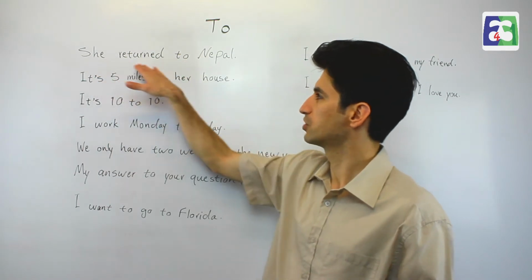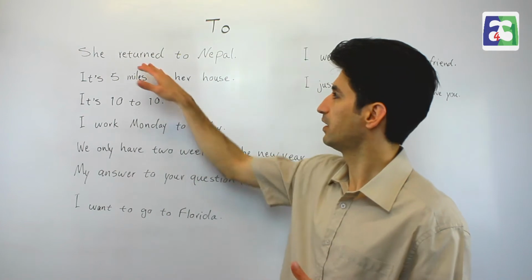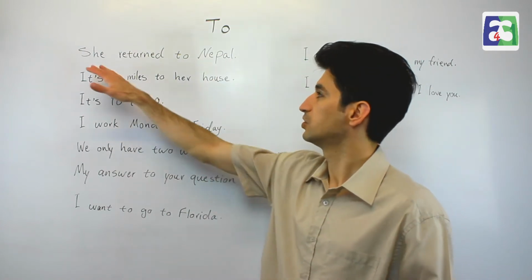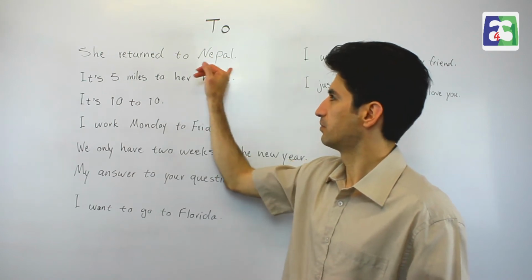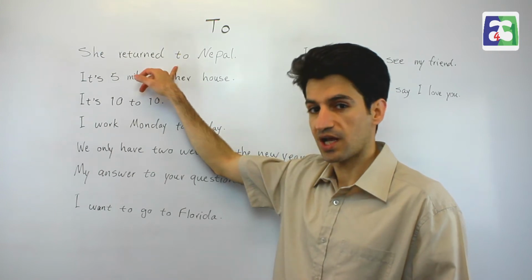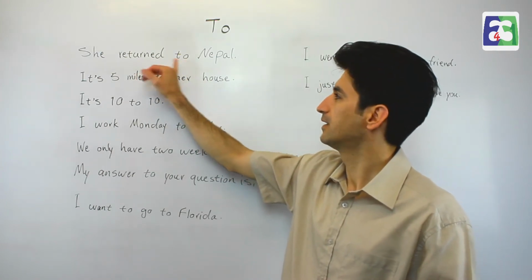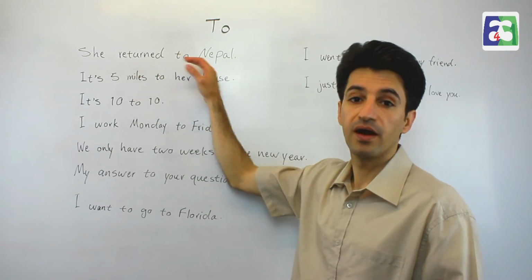If I say "she returned Nepal", no, I can't just leave it like this. I need to connect this place to this action somehow. So I make the place the object of a preposition.